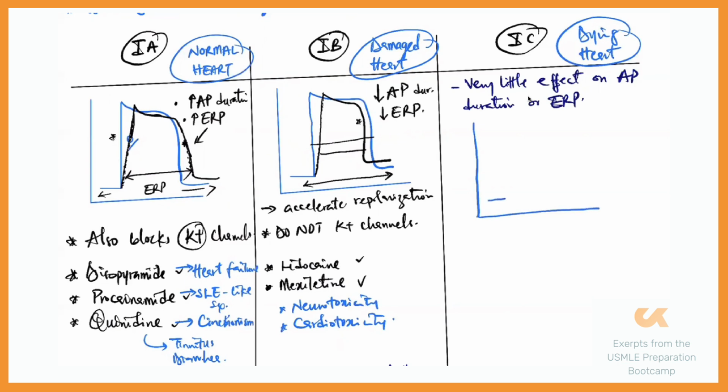So if we have a primary graph like that, when you give class 1C medications, you're just going to have maybe the first slope because it's still blocking sodium channels, but everything else is pretty much going to overlap. So there's really no change in the length of anything.